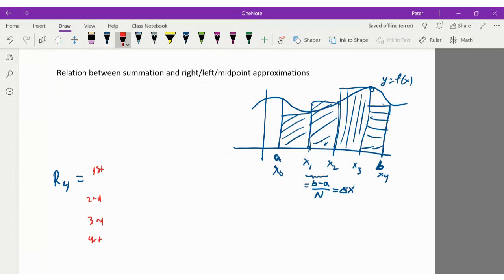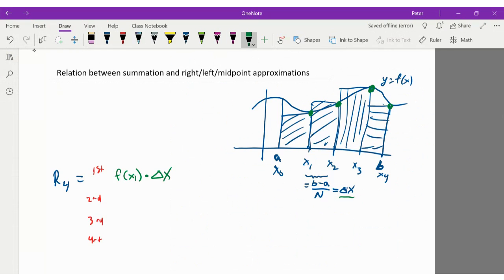So what that means really is that this first rectangle, I'm going to number the 4 rectangles. The first one is going to have a height of f of x1, that's the height of the rectangle, times its width, which is delta x. I know I did the delta x here over the second rectangle, but the point is they're all the same width.